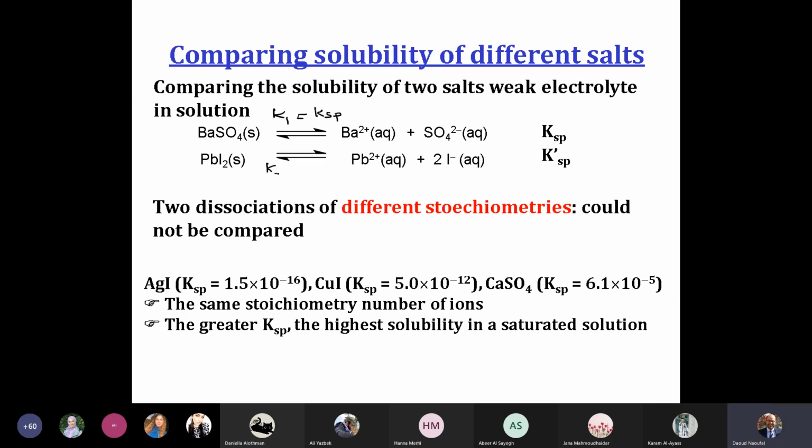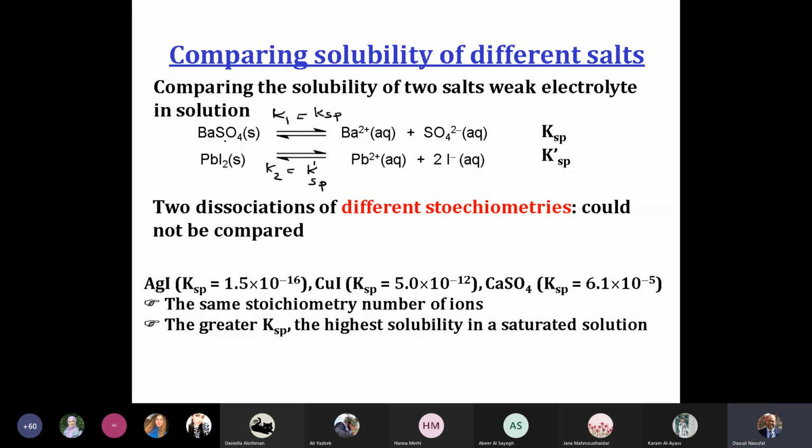K of reaction 2 is K2, equal to K prime SP. To know which is more advanced, that means which will give more ions, we can compare K of the reactions on condition that the two reactions have the same stoichiometry.